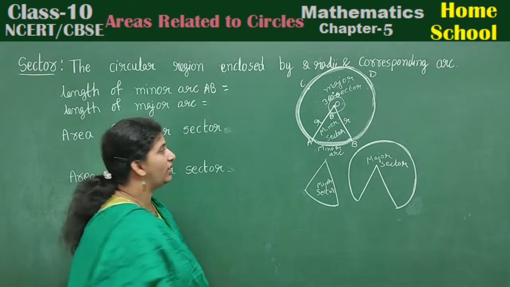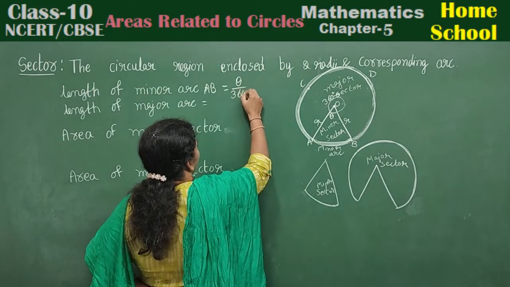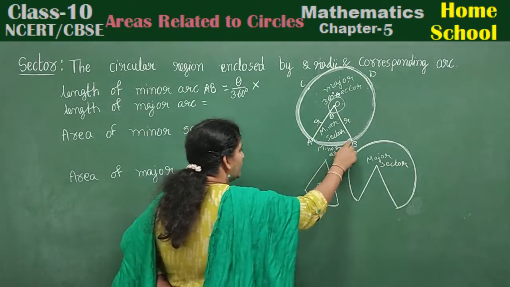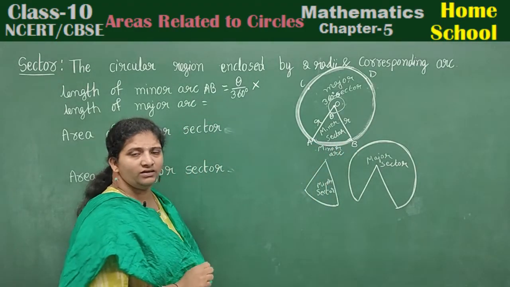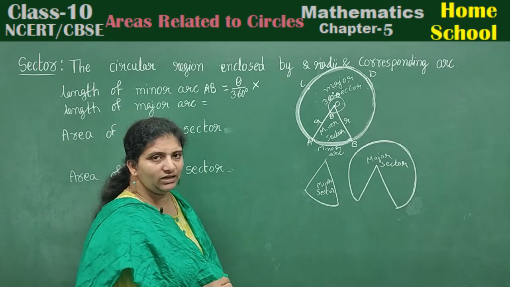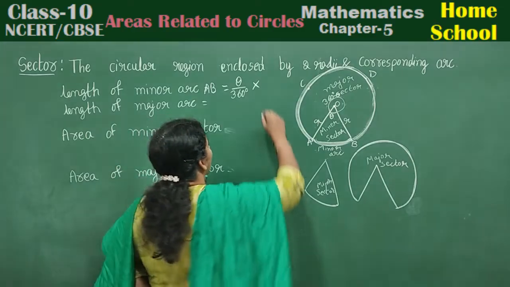There is a formula, that is theta by 360 degree into... We are talking this arc. Where is this arc? This arc is in circumference of a circle. What is circumference of a circle? 2 pi r. That's it.